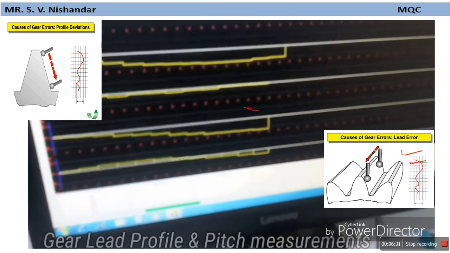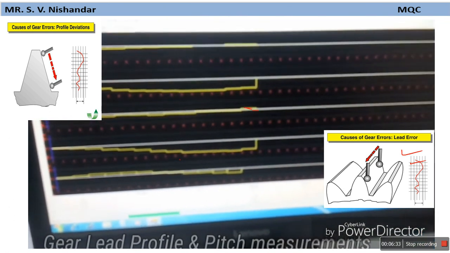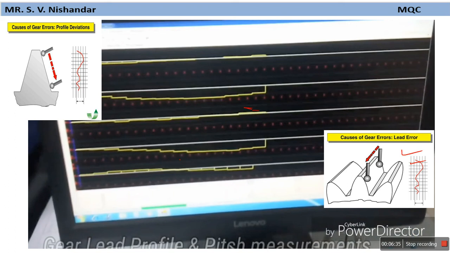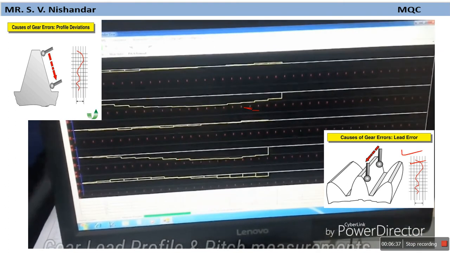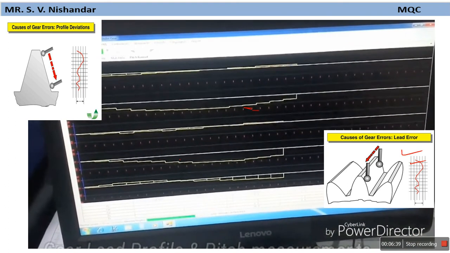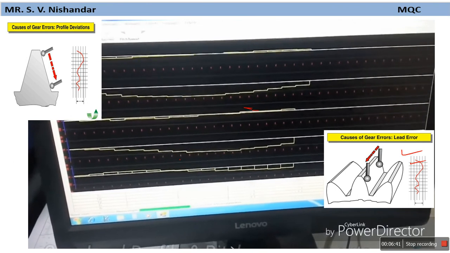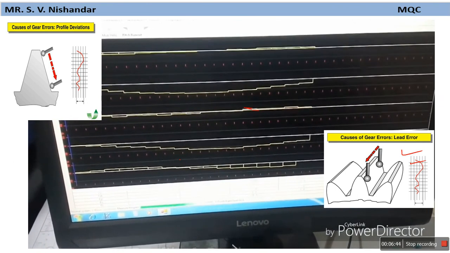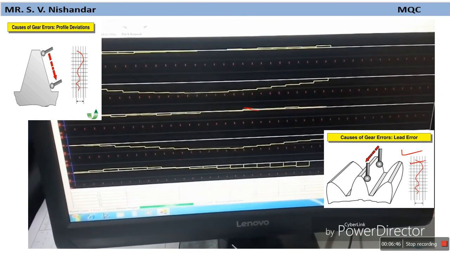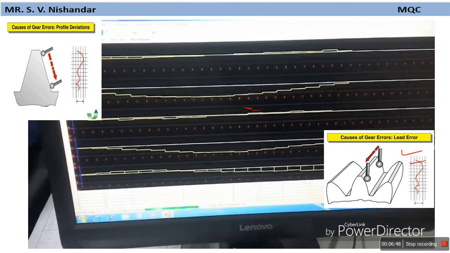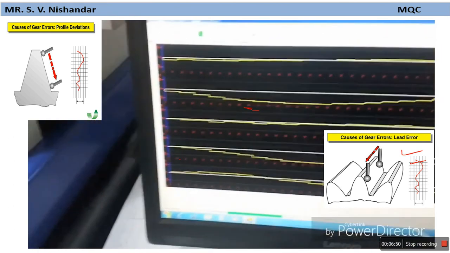According to the parameter being measured, we move the probe over the surfaces and compare the path to see whether the variation is within limit or not. Hope, students, you have understood the runout and how to measure these different parameters.